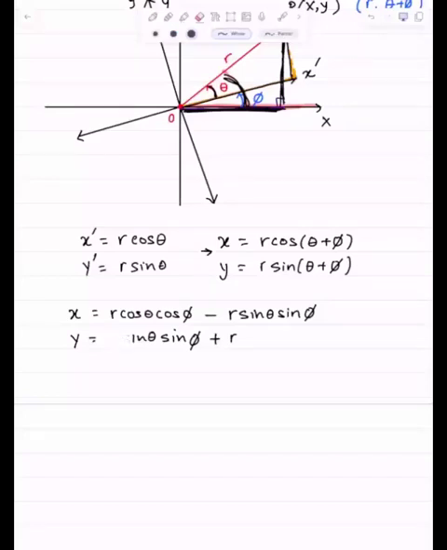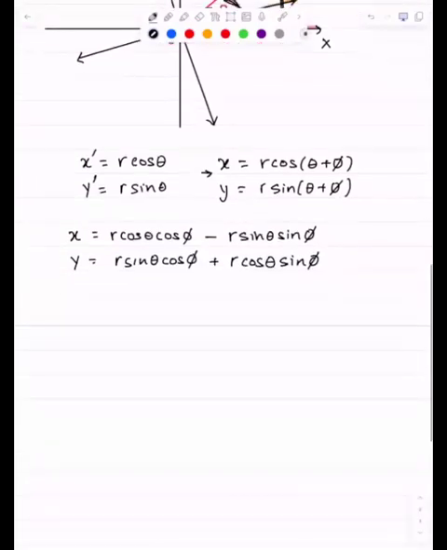That's the cosine addition formula. I wrote the sine addition formula incorrectly. Y is r sine theta cosine phi plus r cosine theta sine phi. All right.